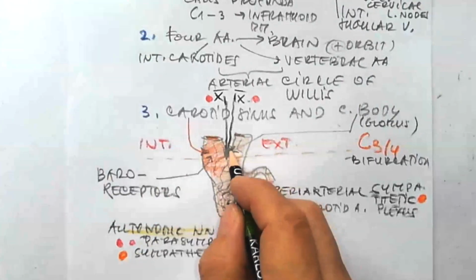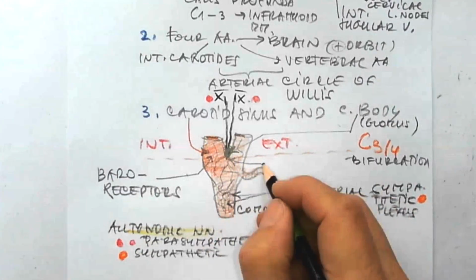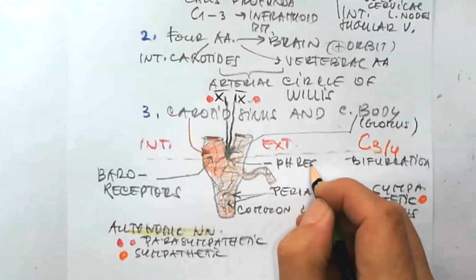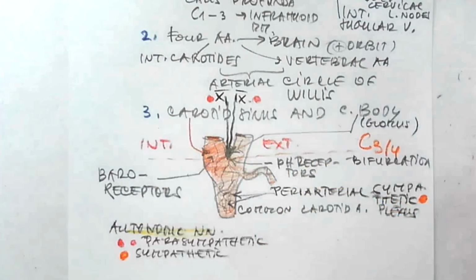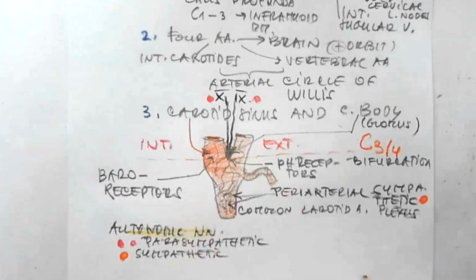And in the glomus caroticum are the pH receptors, and these pH receptors, or chemoreceptors, we could say also, control the quality of blood, the level of pH, that means CO2, not oxygen, because this is indirect, and also the blood pressure.